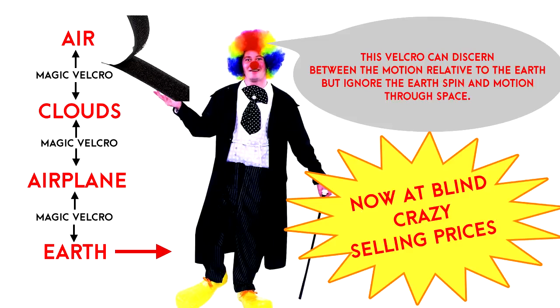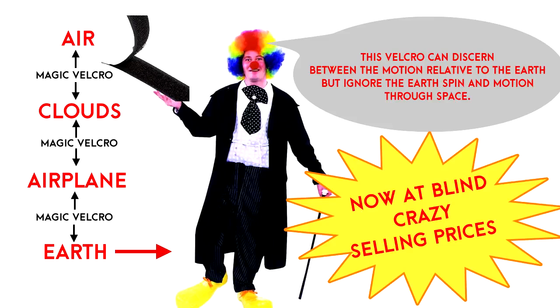They're all spinning together, right? And that gravity can discern between the motions and eliminate what motions don't count, for example, the spin of the earth and the earth's motion through space. That gravity is some magic wand that will just sort all this motion out.